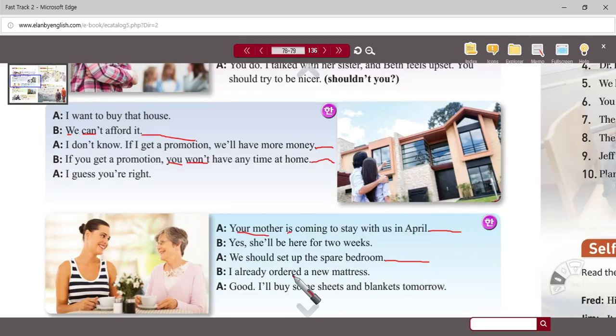We should set up the spare bedroom. Shouldn't we? So again, the modal is here. If it's positive, make it negative. So instead of should, shouldn't. The subject is the same. We should set up the spare bedroom. Shouldn't we?